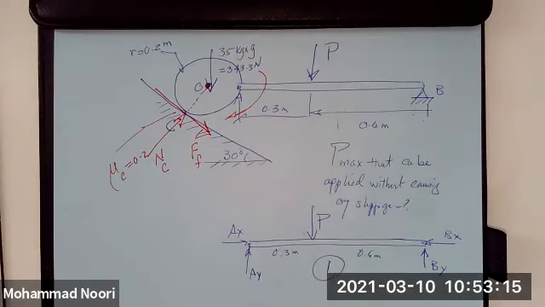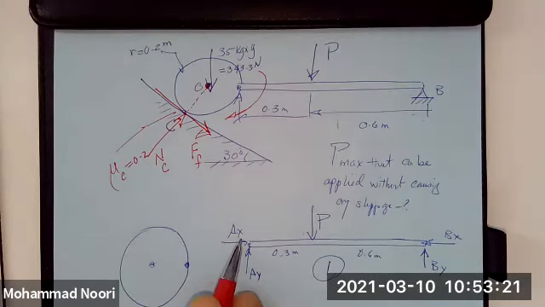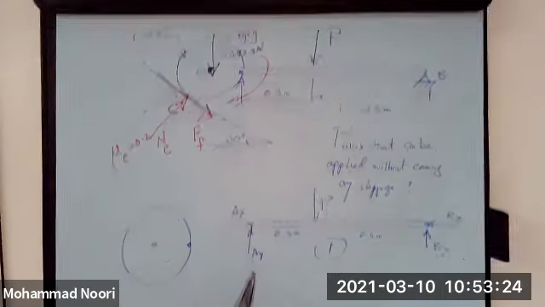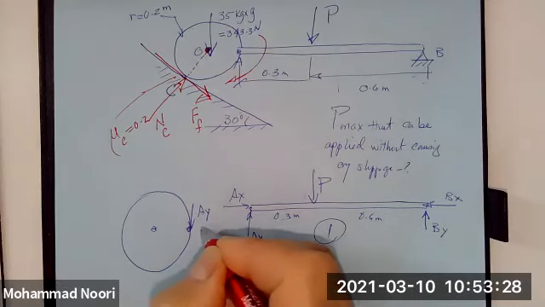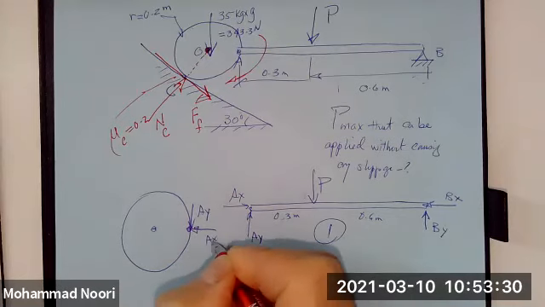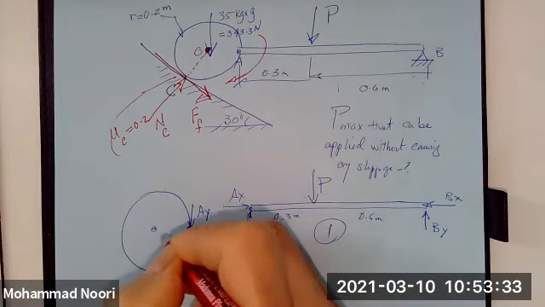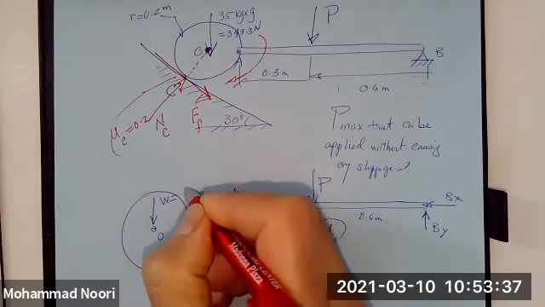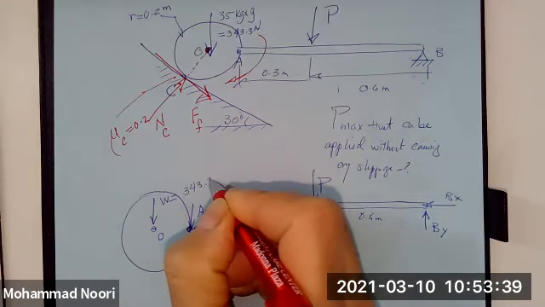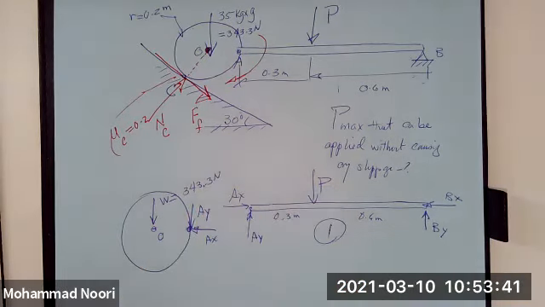Okay. How about the disk? The disk is pinned here. So if these are the assumed directions, at point A, you have A sub Y and A sub X in this direction. At point O, the center, you have the weight of this disk, 343.3, assuming that the weight is evenly distributed, is homogeneous material, and so on.